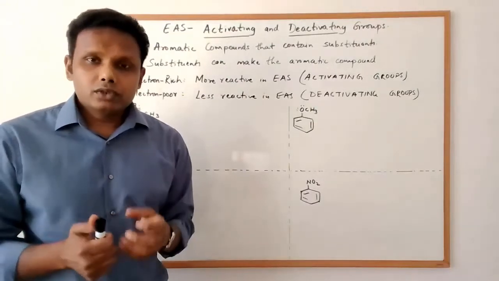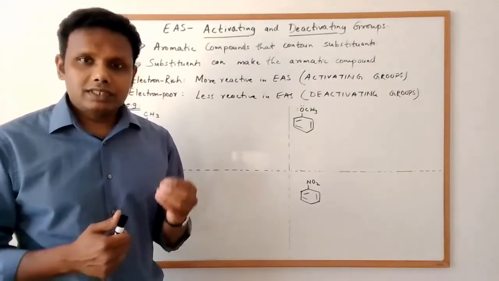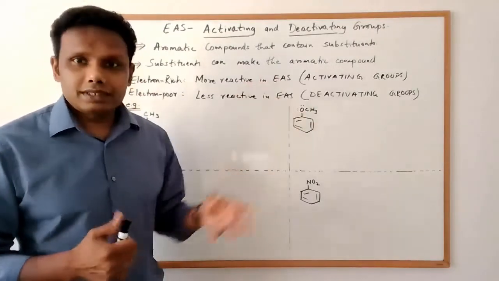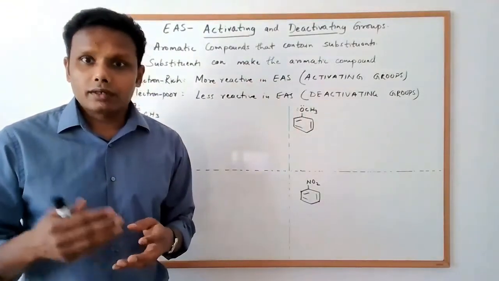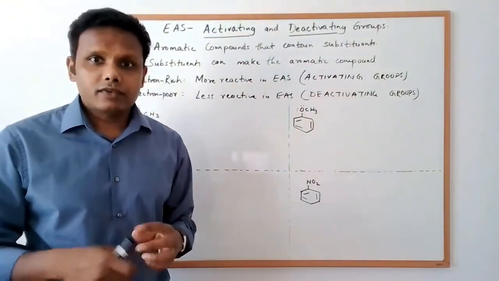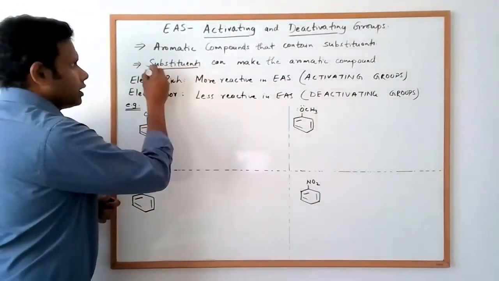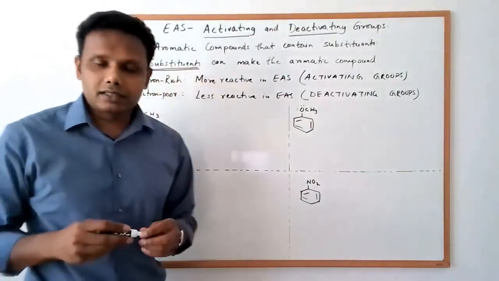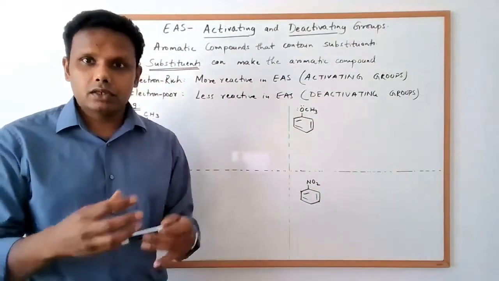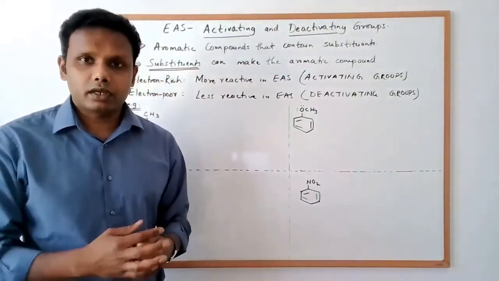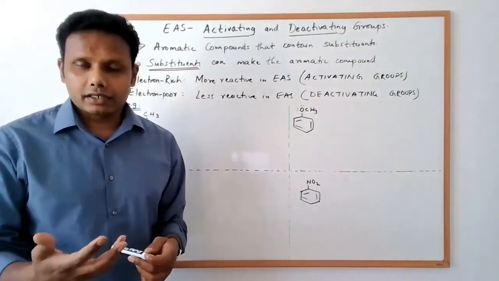So an important thing to keep in mind is that when we say a group is activating or deactivating, we are referring to the substituent on that aromatic compound. That substituent is what makes the compound or the aromatic ring activating or deactivating.